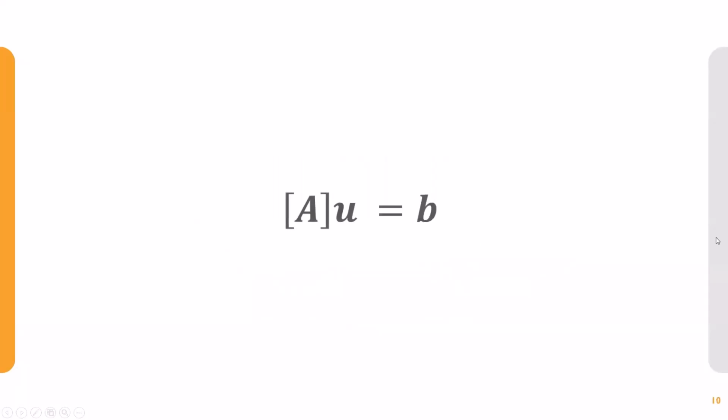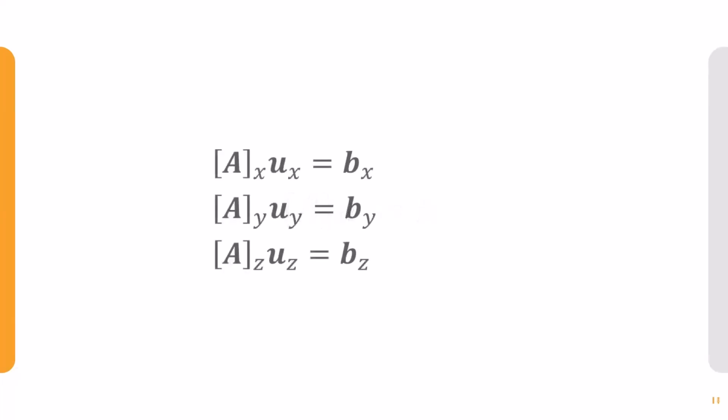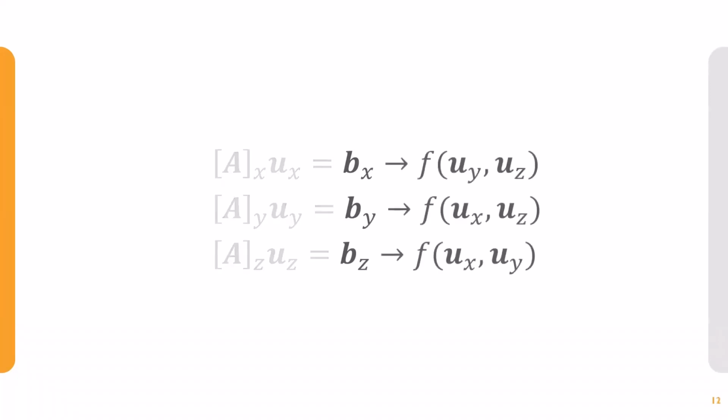So how are these solved? I'm sure you've all seen this before. The linear system: we have an A matrix with implicit coefficients, our U, and our B full of explicit coefficients. Segregated solvers solve three of these systems separately, one in each dimensional direction: one in X, one in Y, one in Z. The B vectors are a function of the displacement solutions from the previous iteration, as you can see here.